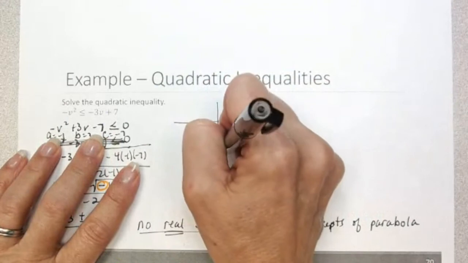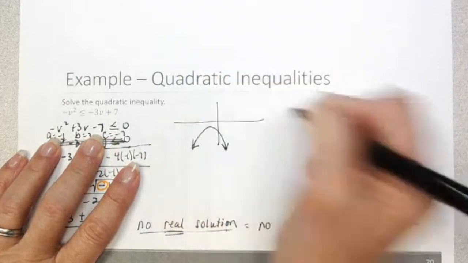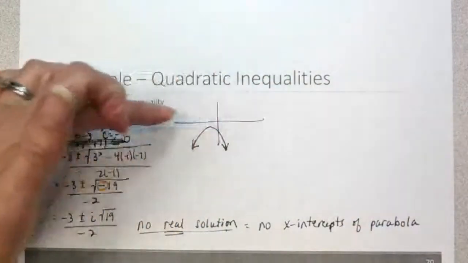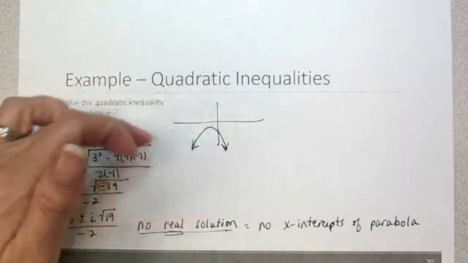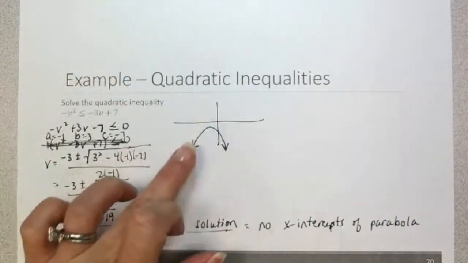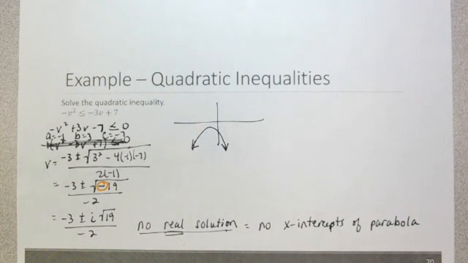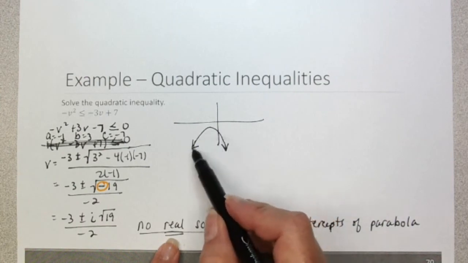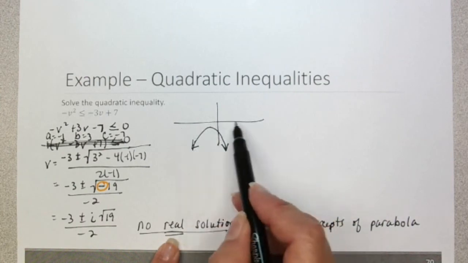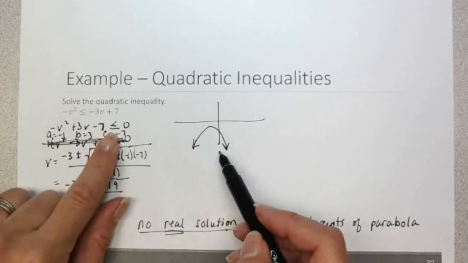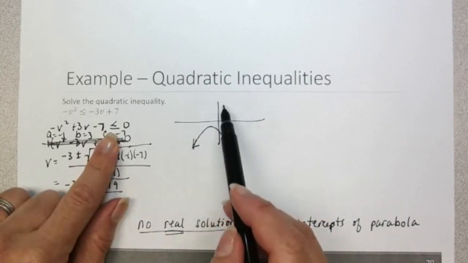Probably here. It's going to be down here like this, right? It's going to be below that x-axis. It's downward facing. It doesn't have any x-intercepts, so it's going to be something like that. So what does that mean? If there's no real solution, either the whole parabola, all the y coordinates and x, everything is below the x-axis, so the whole thing is less than 0, or the whole thing is greater than 0.